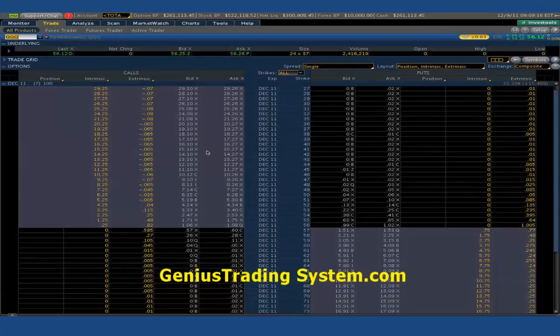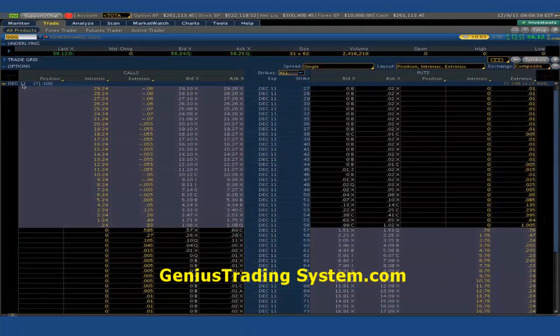Now, a call option gives the owner the right, but not the obligation, to purchase a specific security at a set price during a set period of time. In other words, this particular option chain that we're looking at expires in 7 days.